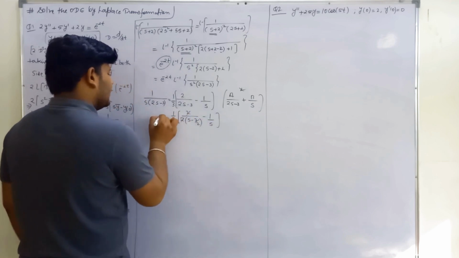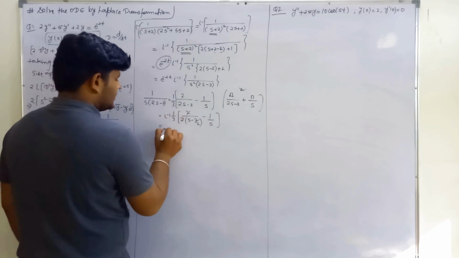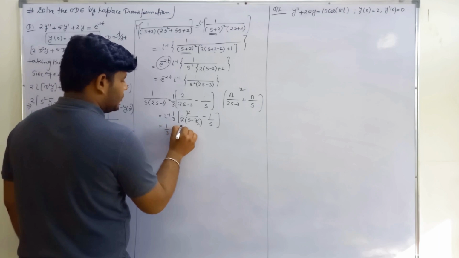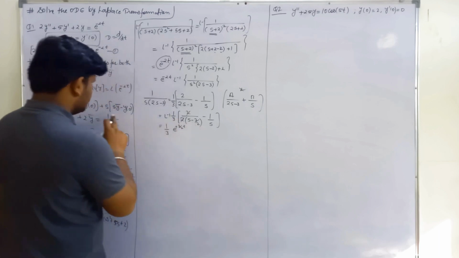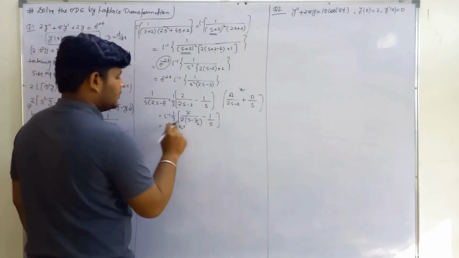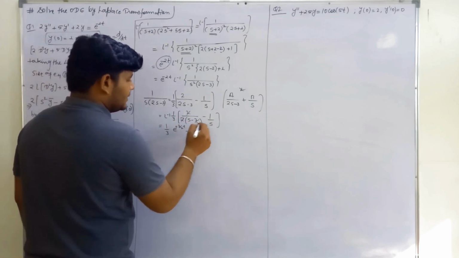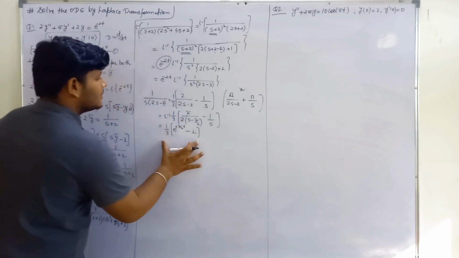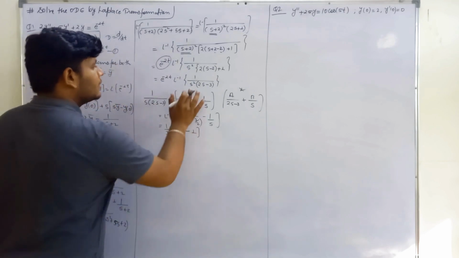So now taking the Laplace transform of this thing, this is the 1 by 3, and it is e to the power plus 3 by 2, s minus something to e to the power at, and the Laplace transform of 1 by s is 1. So the Laplace transform of this thing is this.